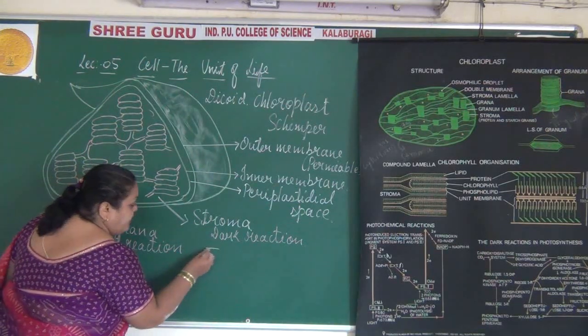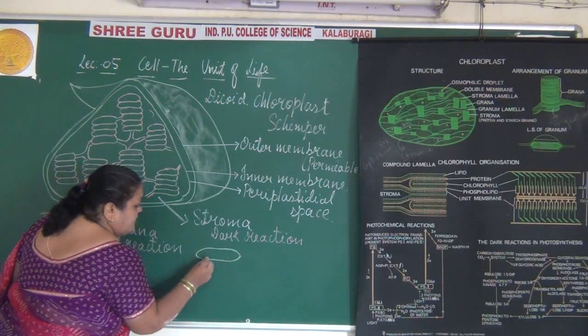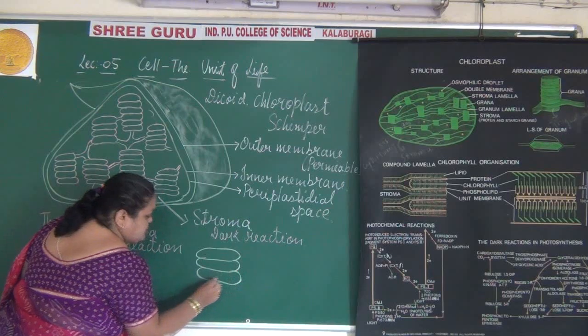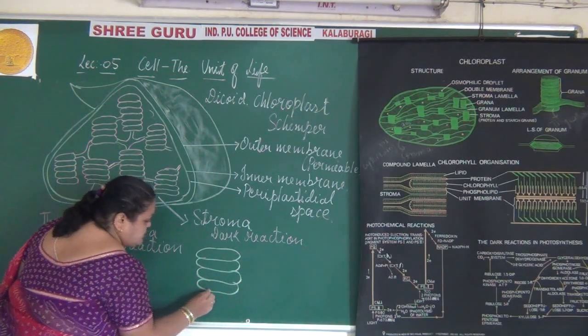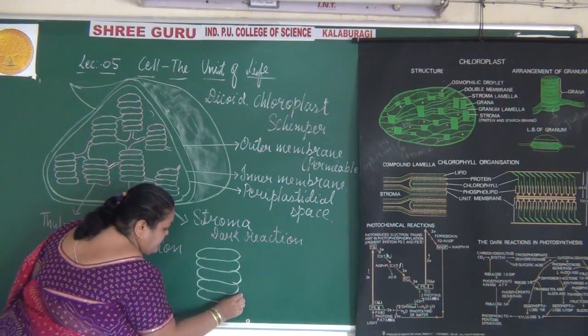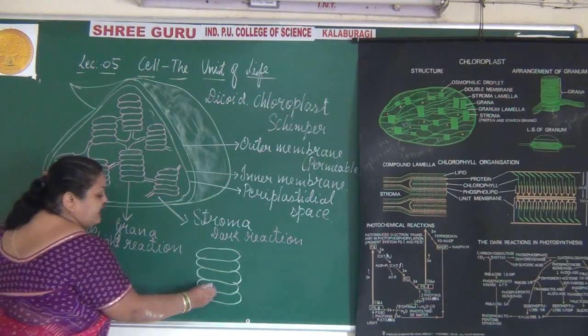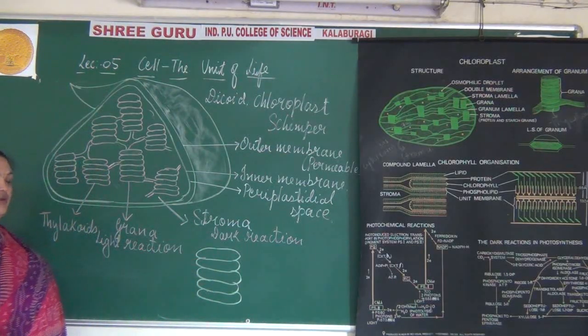So the thylakoids are disc-shaped structures placed one above the other like a pile of coins.